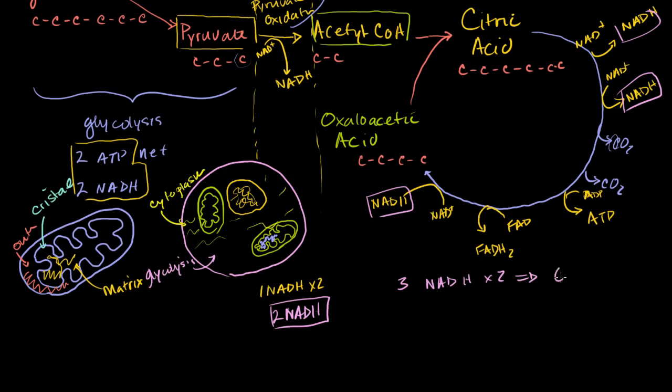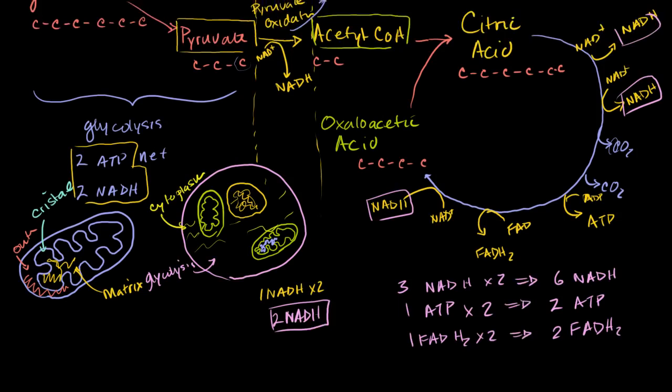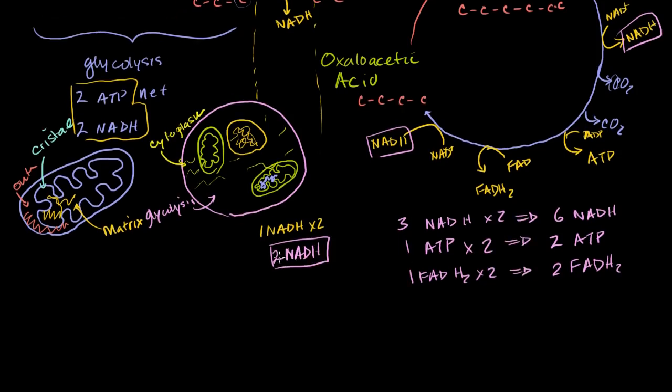So that gives us 6 NADHs. We have 1 ATP per turn of the cycle. This is going to happen twice, once for each pyruvic acid, so we get 2 ATPs. And then we have 1 FADH2 per cycle, so times 2, we have 2 FADH2s.